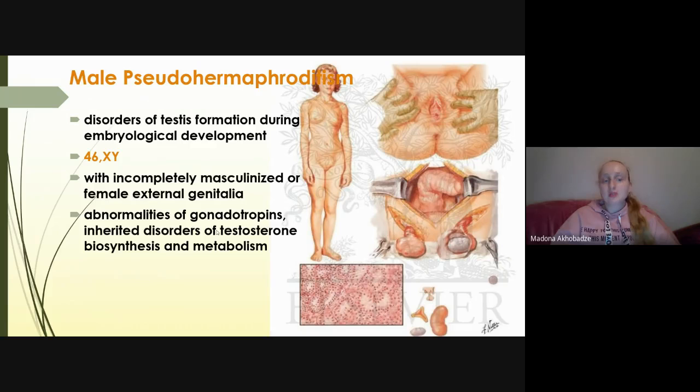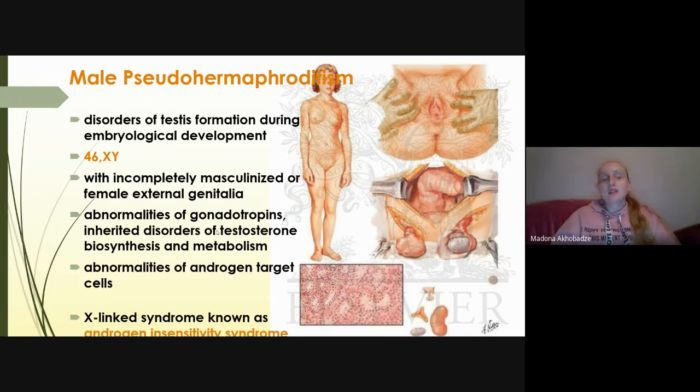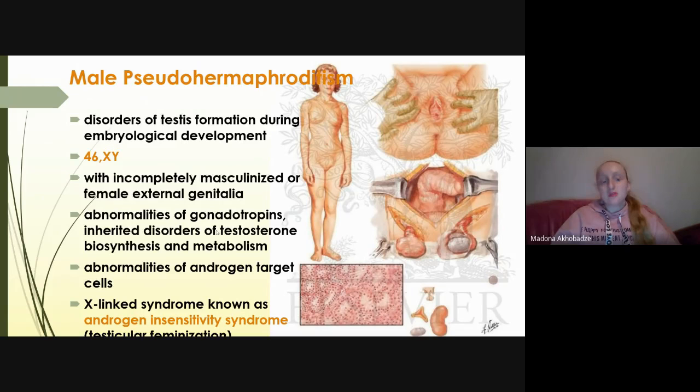Abnormalities of gonadotropins, inherited disorders of testosterone biosynthesis and metabolism, and abnormalities of the androgen target cells could be the reason. The X-linked androgen insensitivity syndrome, also called testicular feminization: genetically they are males, but they look like females.